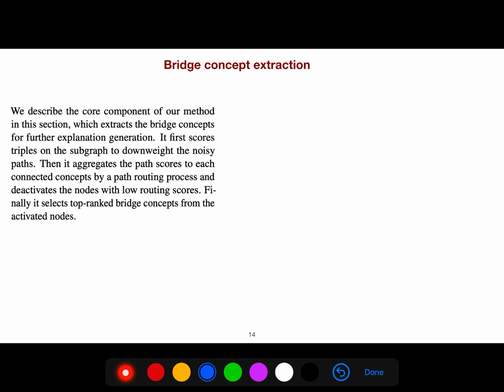So we describe the core component of our method, which extracts the bridge concepts for further explanation generation. It first scores triples, that loss of triple, if you remember my first slide, on the subgraph to downweight the noisy paths.